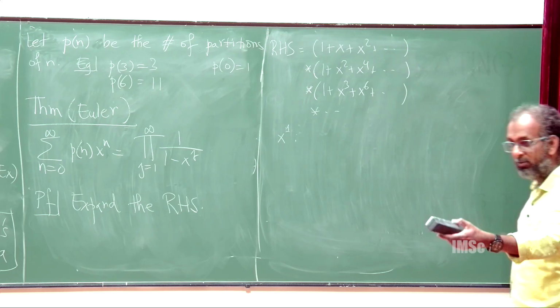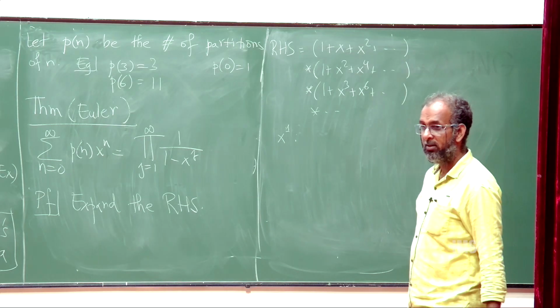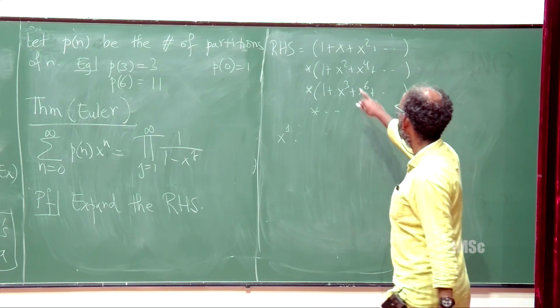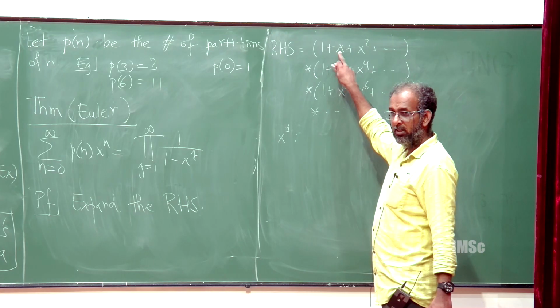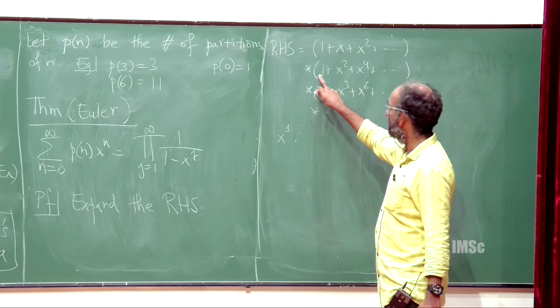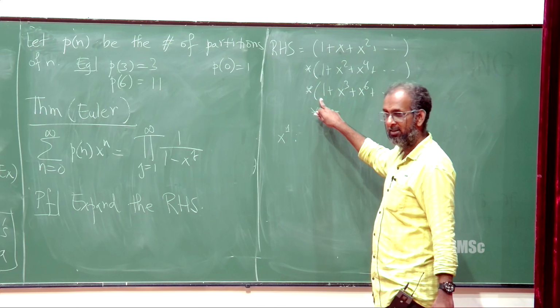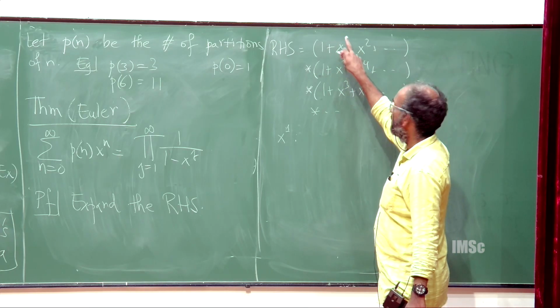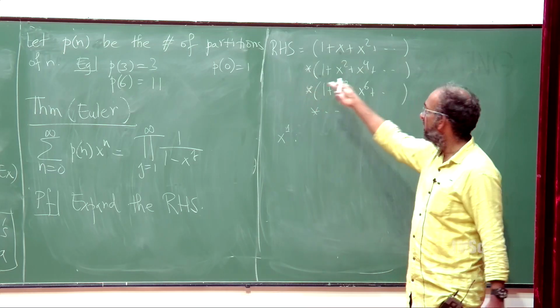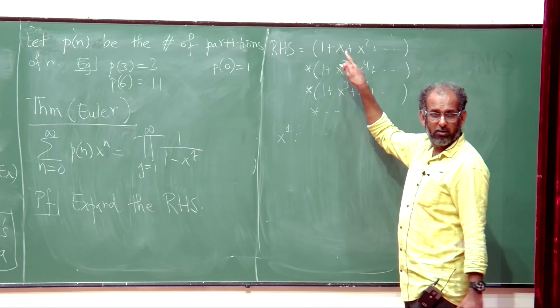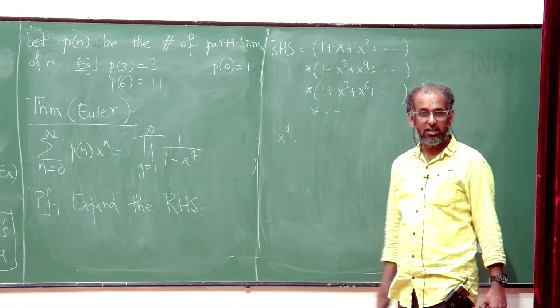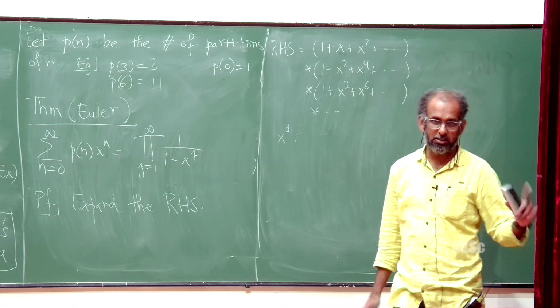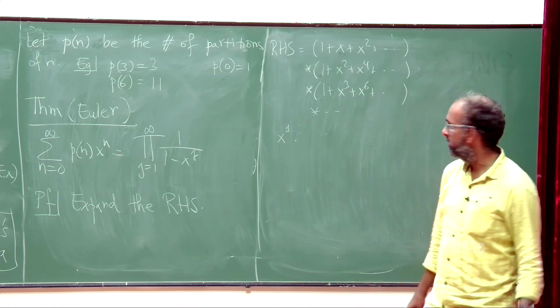Right. Is that what you were going to say? x from here, correct. That's what he also said. So to get x to the power 1, if I take x from here and 1 from everywhere else, then I get x to the power 1. This is one way, clearly, right?